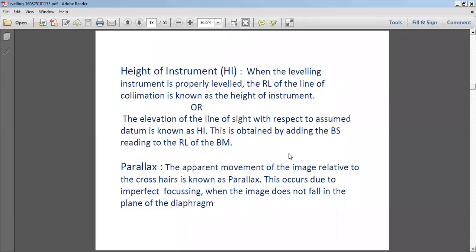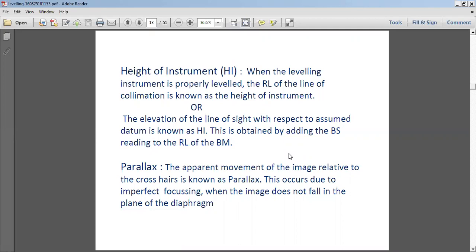When we start the readings, we take the first reading as a backside reading, always on a particular benchmark which is already known. We can find the height of instrument by adding the backside reading plus the RL of that benchmark.